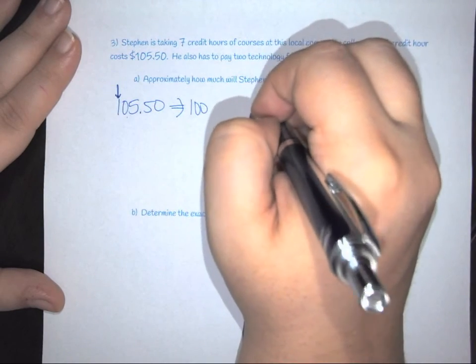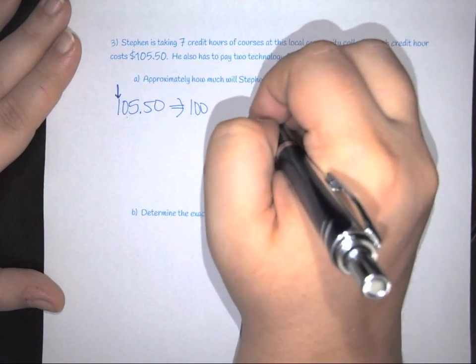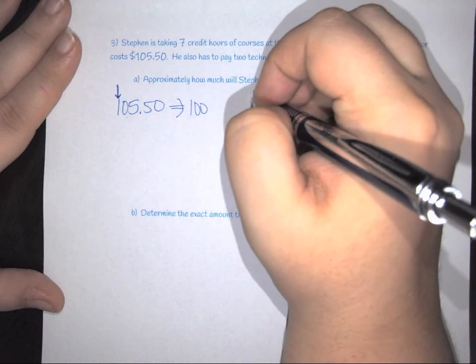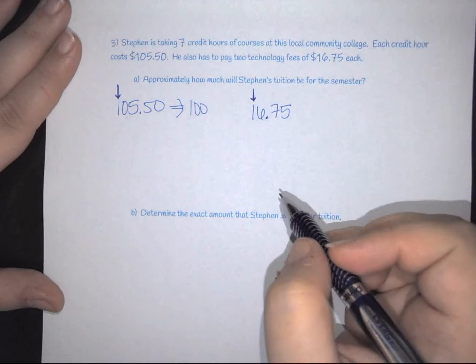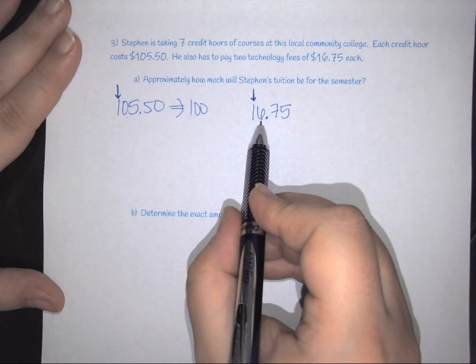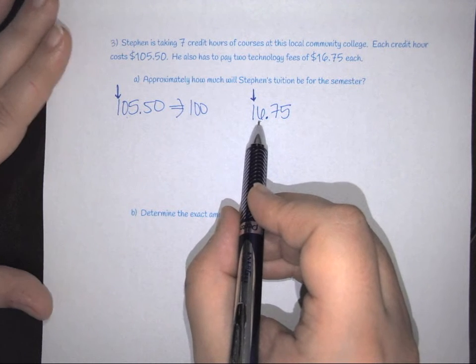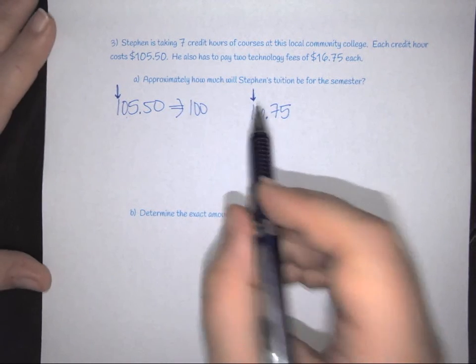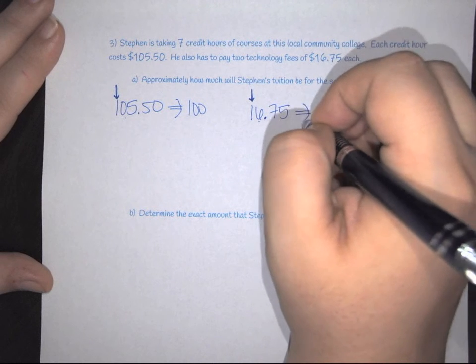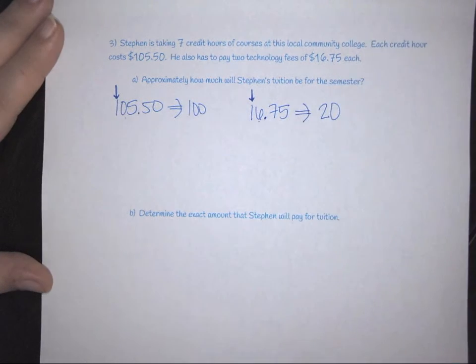I then have 16.75. Again, I look at the leftmost digit. The digit next to it tells us what to do. 6 is larger than 5. Therefore, the digit rounds up, so this is going to round up to 20.